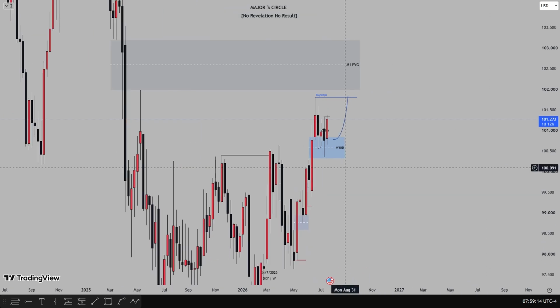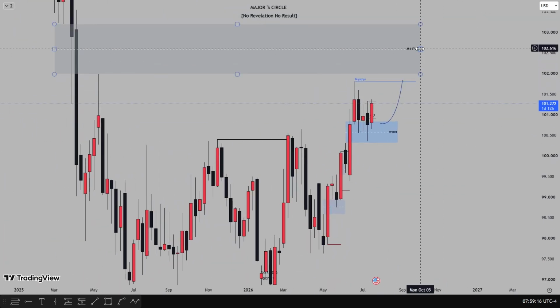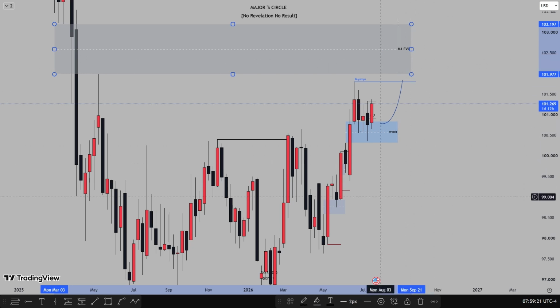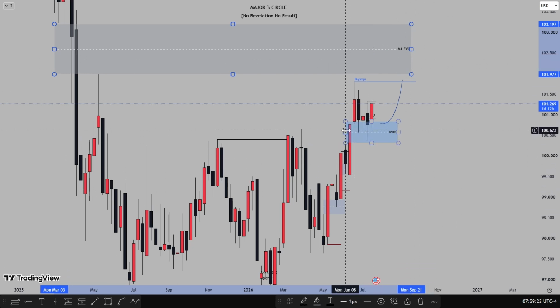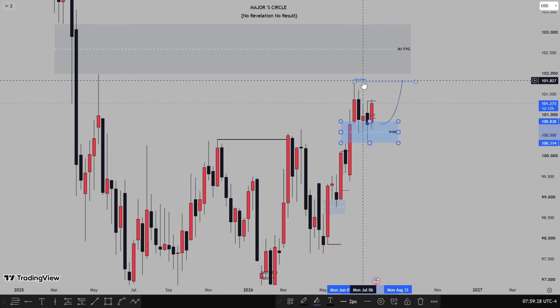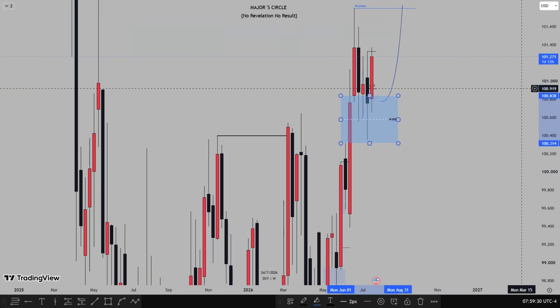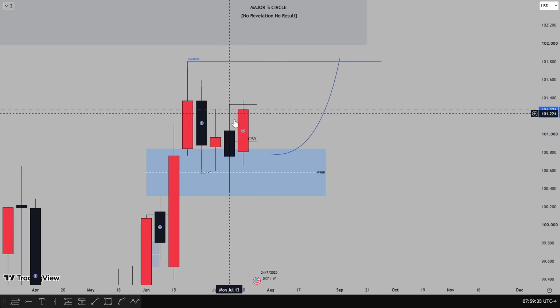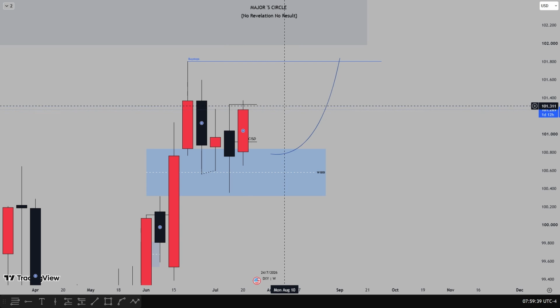And remember that we have been having this monthly fair value gap as our draw on liquidity. So currently, price moved from this fair value gap, and I'm expecting to see higher prices. Initially, my draw on liquidity was last week's high, the high of this candle, which has actually been traded into.